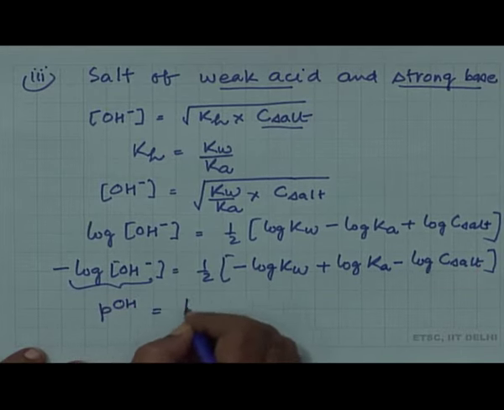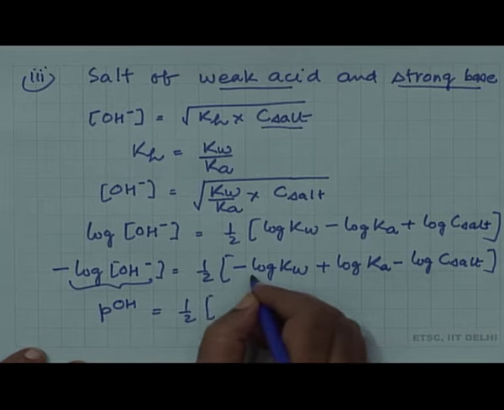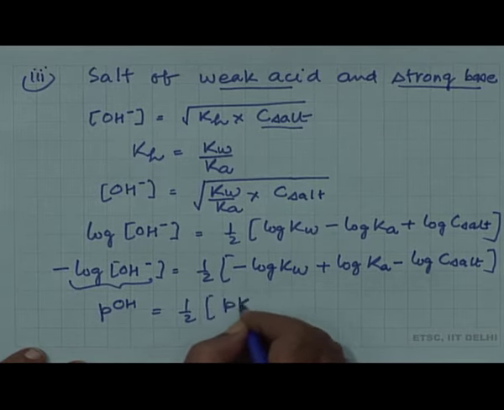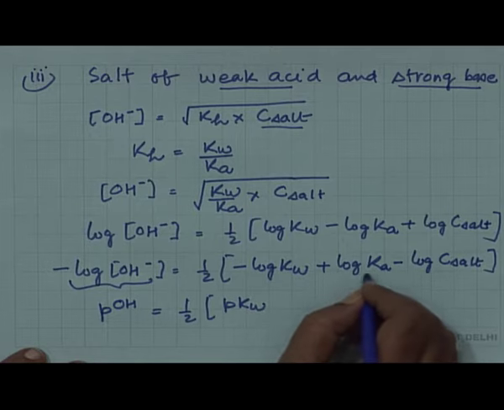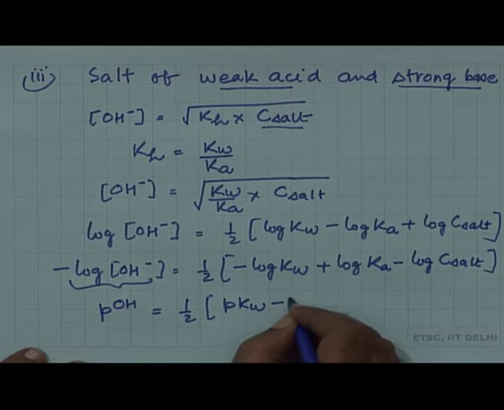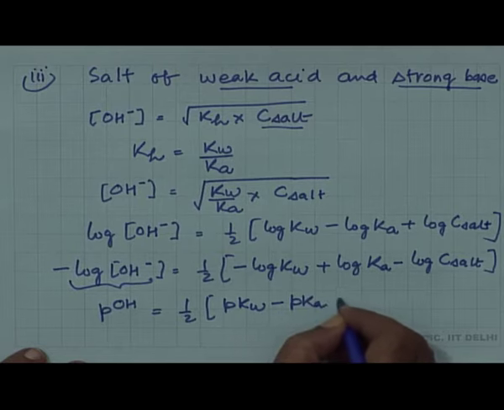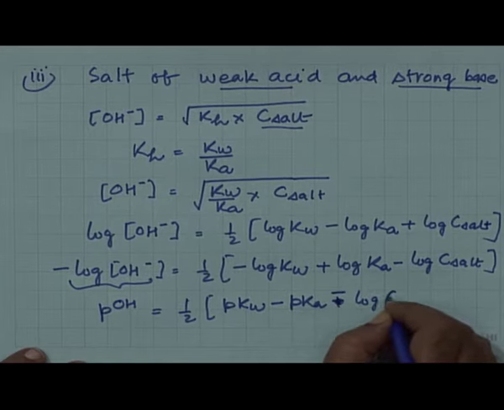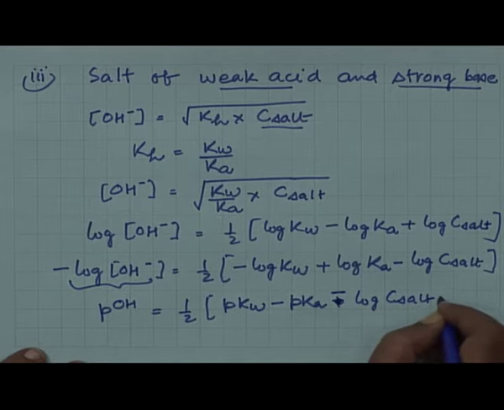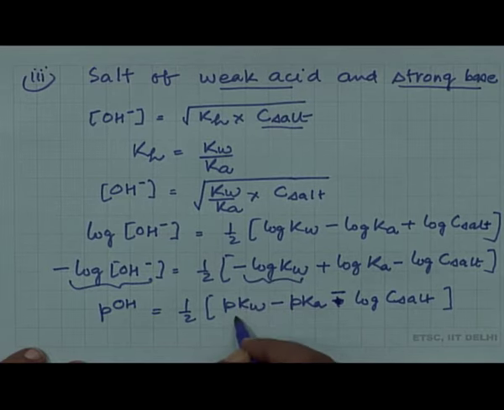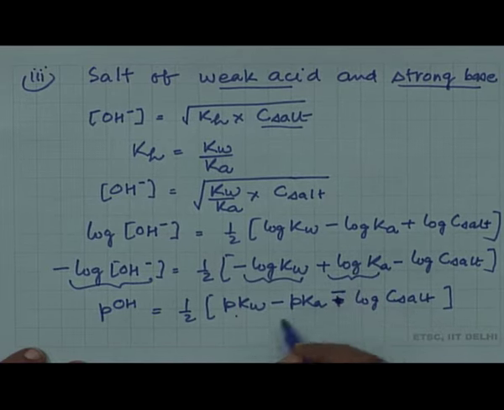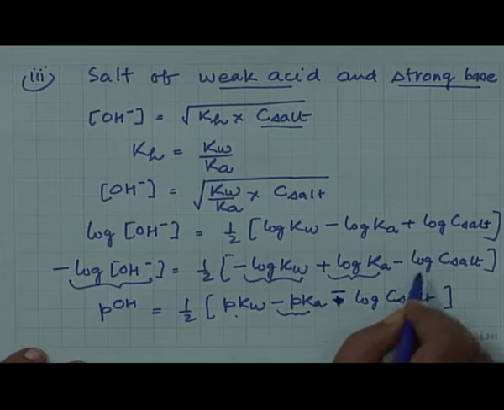So, pOH is equal to half, minus log Kw is equal to pKw, plus log Ka is equal to minus pKa, and you have minus log C salt.